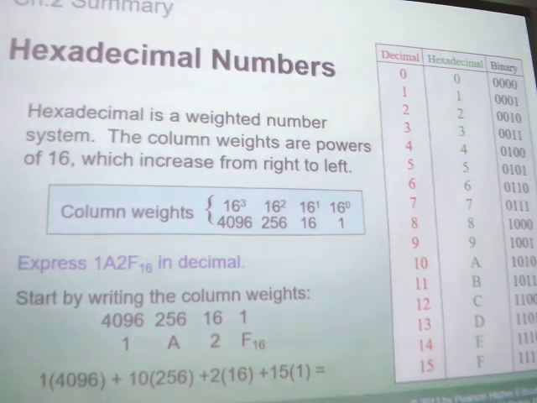A, B, C, D, E, F. Four-bit binary numbers can represent one hexadecimal digit, so we can divide the binary number into groups of 4 bits.